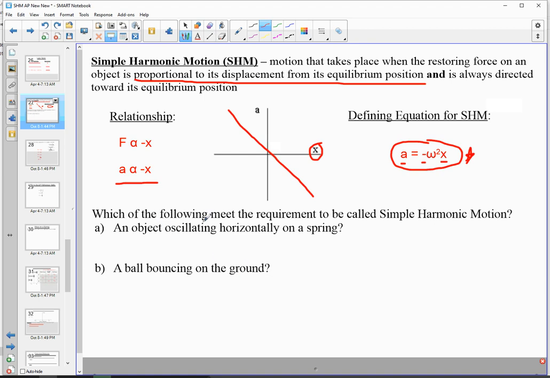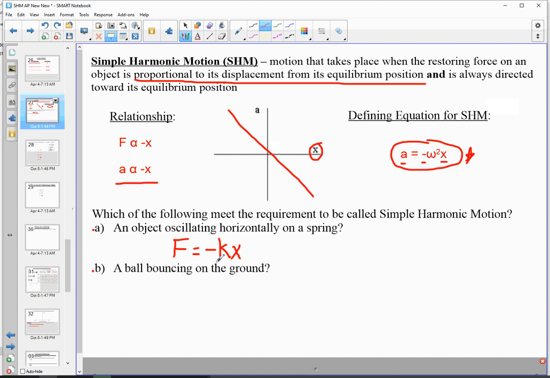So let's talk about, do these two types of oscillation meet the definition of simple harmonic motion? Well, an oscillating mass horizontally on a spring. Well, if we write down the equation that governs force and mass on a spring, that would be Hooke's law, Fs equals negative kx.